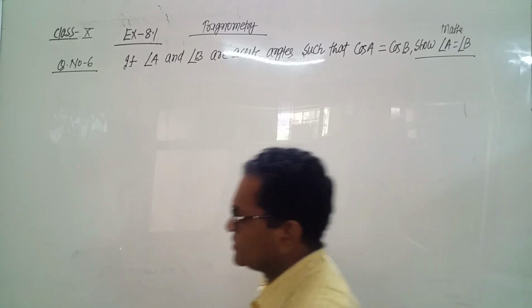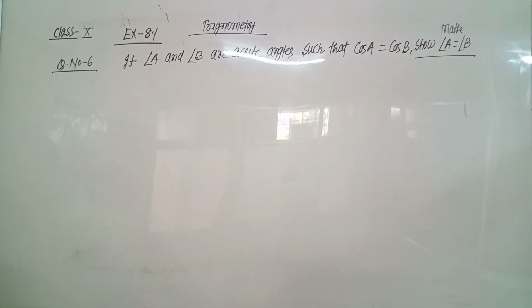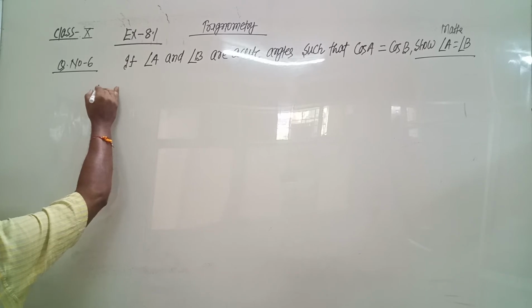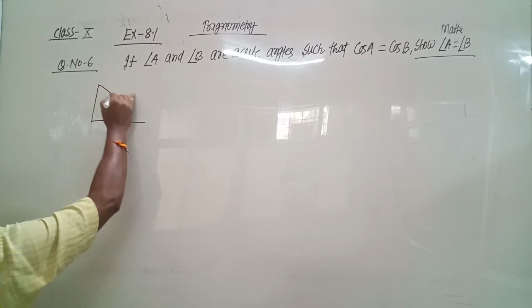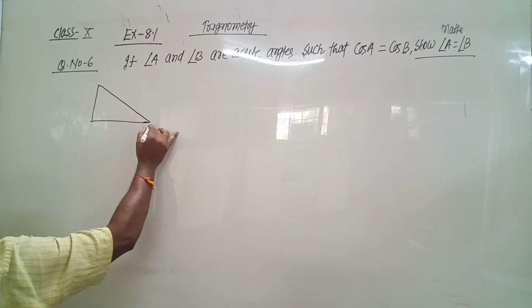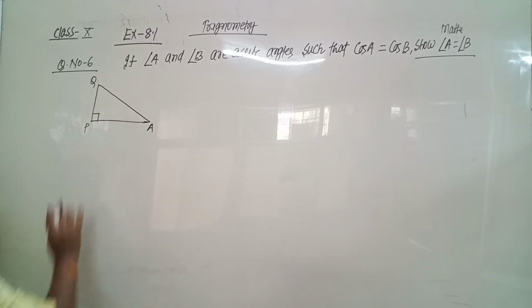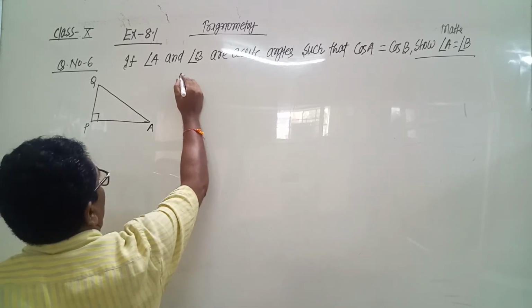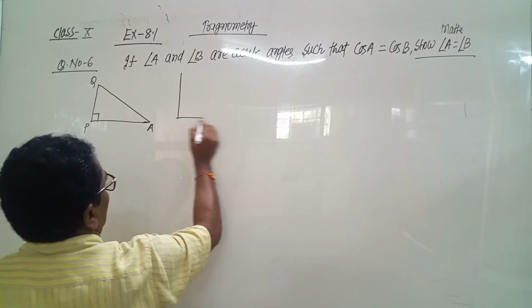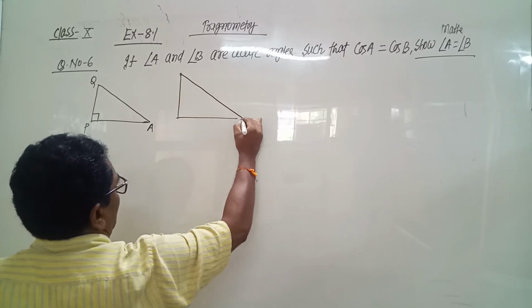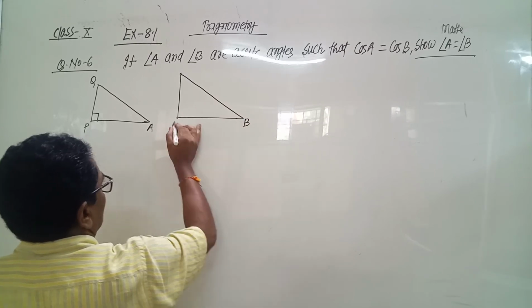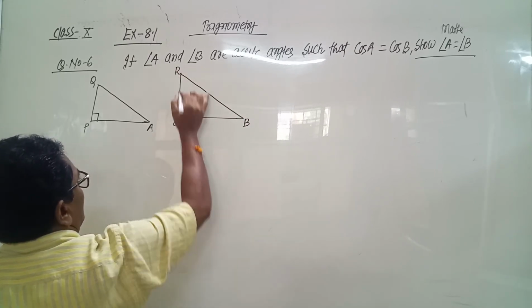We have to show that angle A is equal to angle B, and we are given that A and B are two acute angles. So we draw two right triangles: right triangle APQ, and the other right triangle BCR.